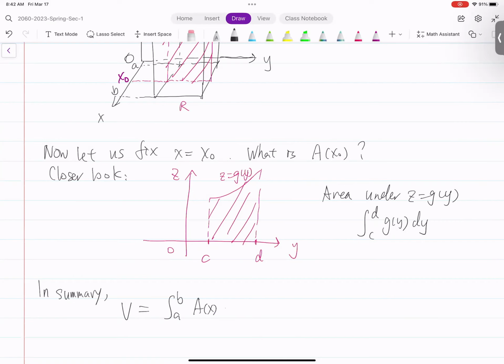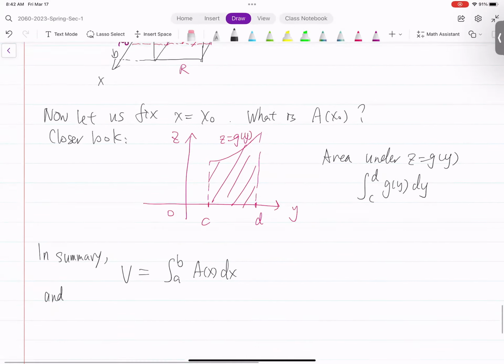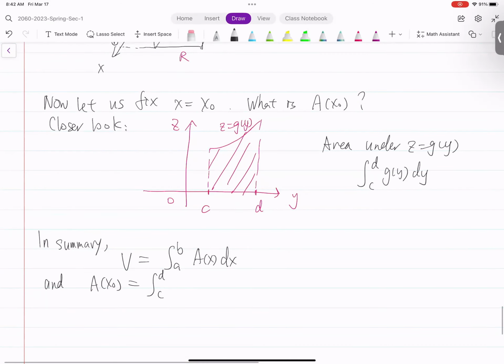We are accumulating the area of the cross section, and for whatever x equal to x0, we are looking at the area in red, which is the integral from c to d of g of y dy. And if you substitute, g of y is actually the function f of x, y, and we specify the x value to be x0.